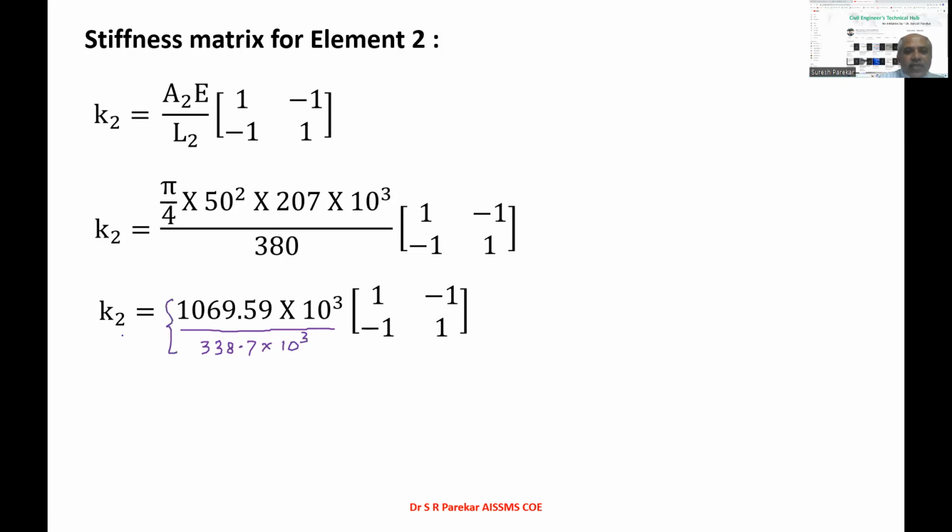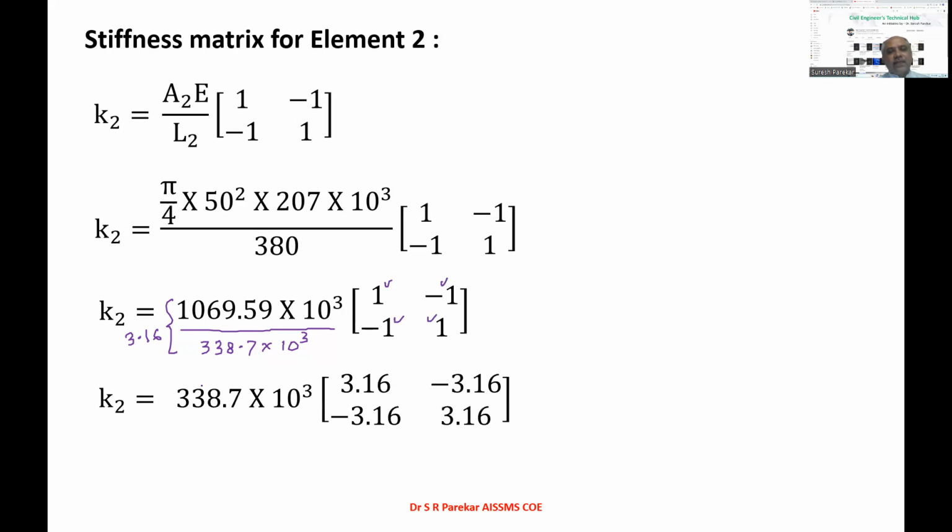We get this division as 3.16, and therefore I multiply 3.16 into this element, this and this. So now you can see K2 is 338.7 into 10 raised to 3 times 3.16, minus 3.16, minus 3.16 and 3.16. So this is element 2.